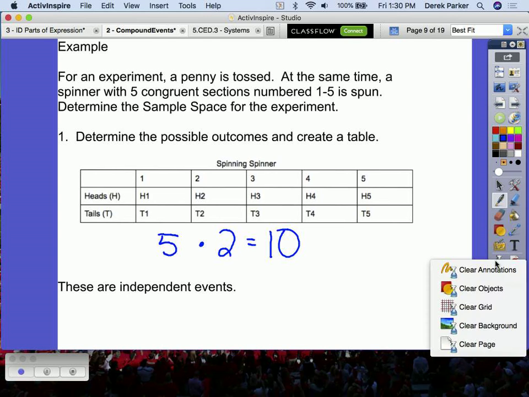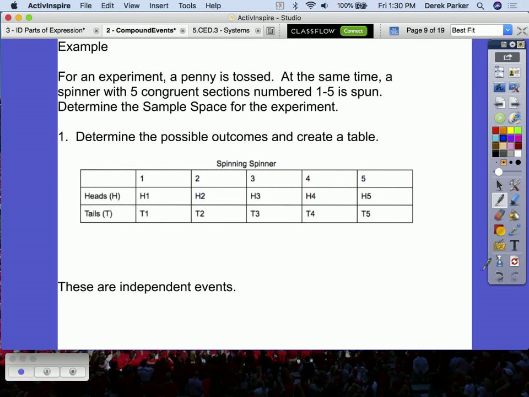Now, let's do one together. I don't have this one written down, but let's go. What's the probability of landing on heads and the probability of landing on 5? Okay, first question you got to ask yourself is this independent or dependent? It is independent because the penny and the spinner have no effect on each other.